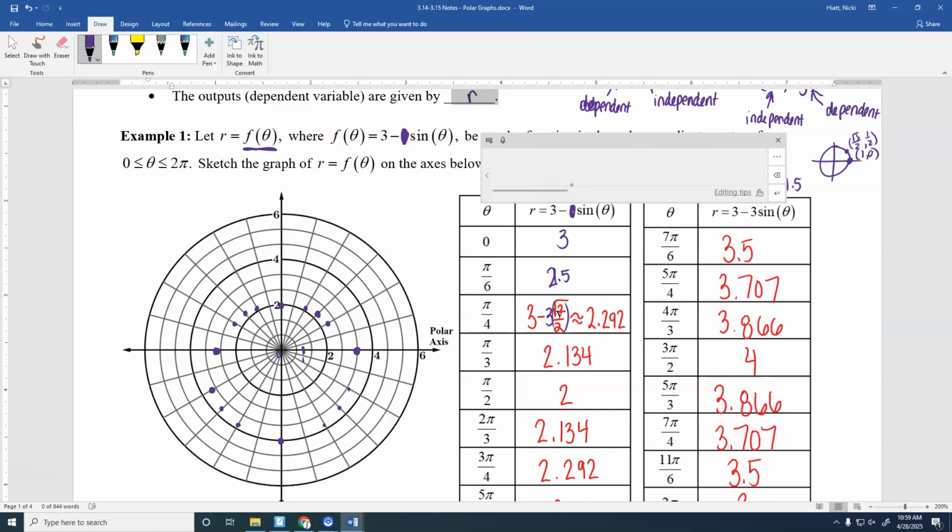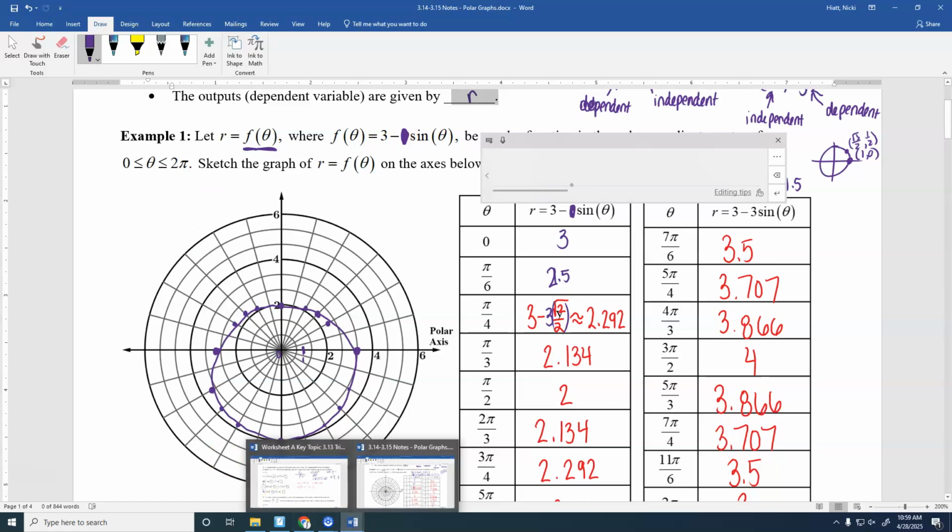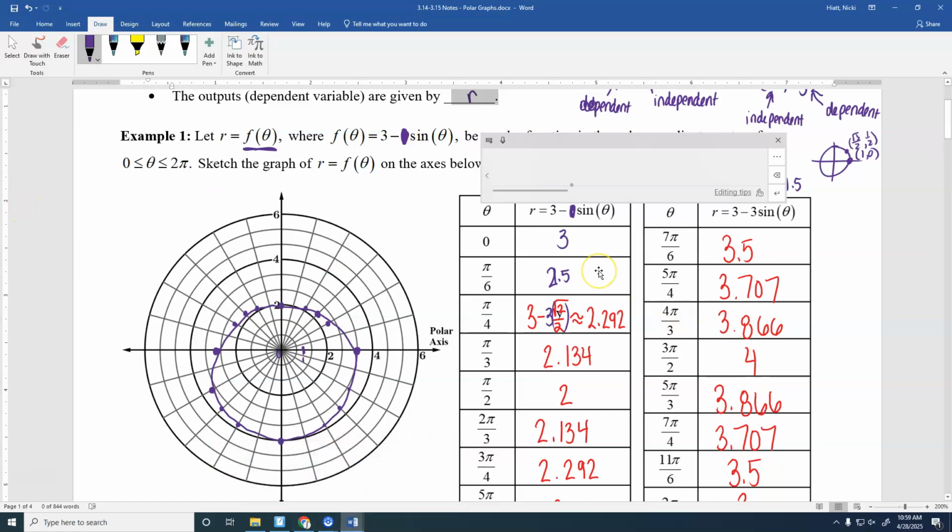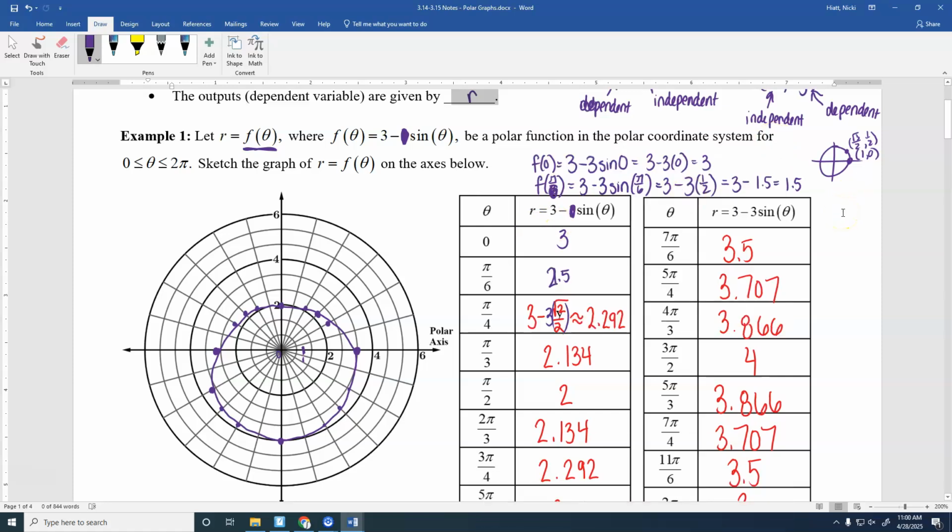It's sort of like this weird circle that's kind of flatter on top. It's not exactly a circle. So that was my fault on the 3. It's a more interesting graph if I had not left that off.